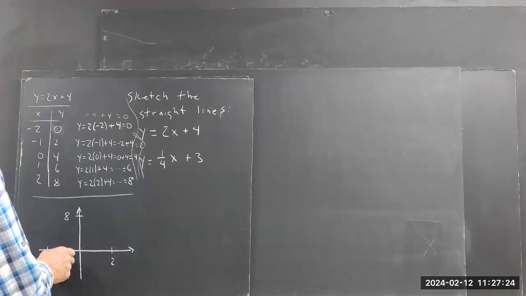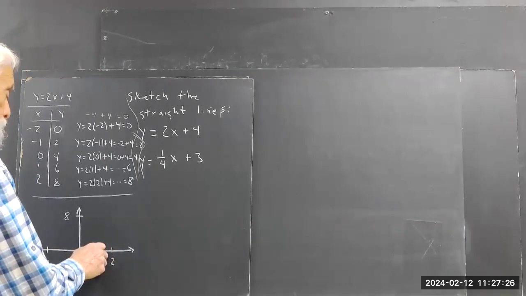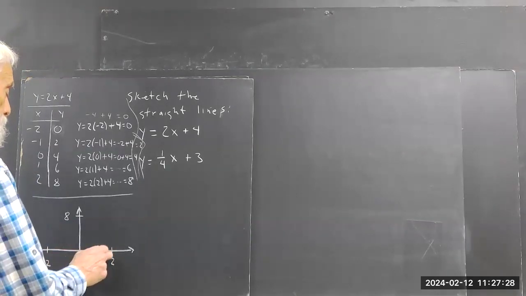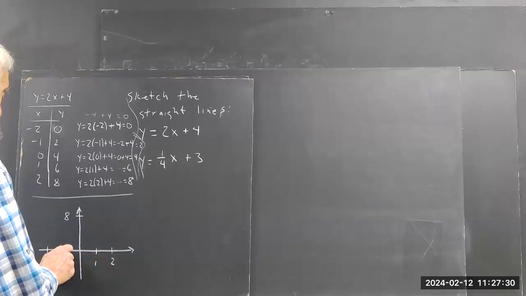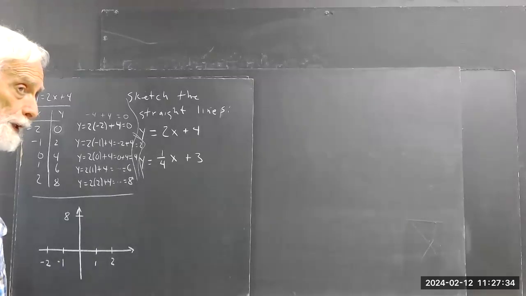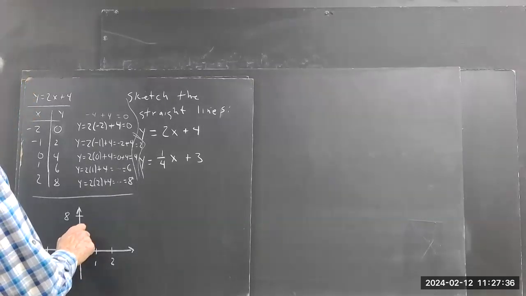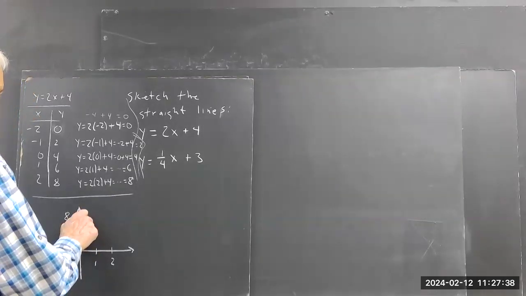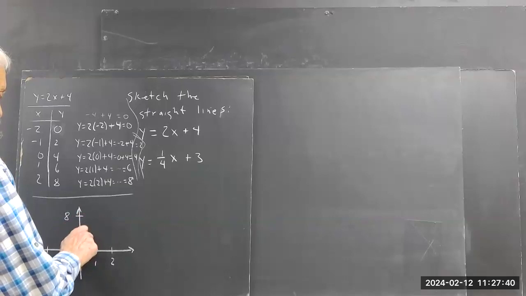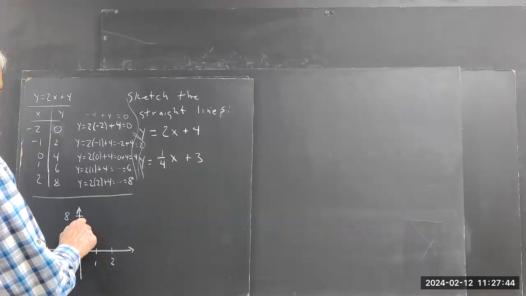Now, to get 1, I'm going to put a line halfway between 0 and 2. It's a little hard to see on this board. Then I'm going to divide the interval between 0 and 8 in half. I get 4. Divide that in half, I get 2.